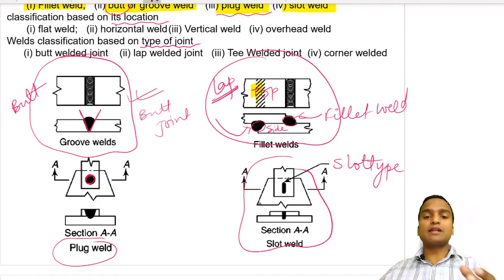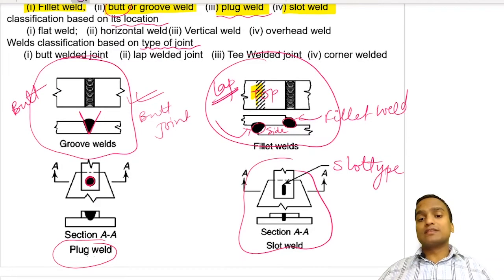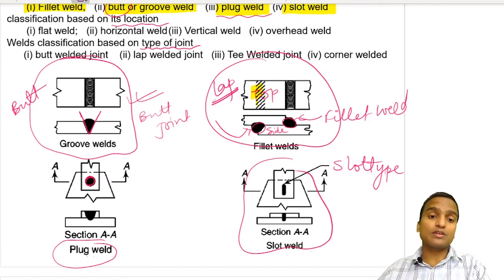So in plug weld and slot weld, the only difference is the size of the hole, and both are lap joints only. Now when the external load is really high, then we have to go for the slot type weld, because in that the hole size is long slotted and the weld is also larger. So of course the strength of slot type is more than the strength of plug type.